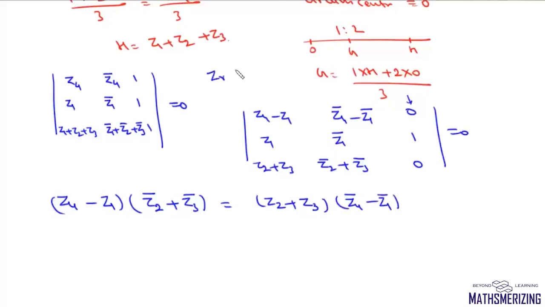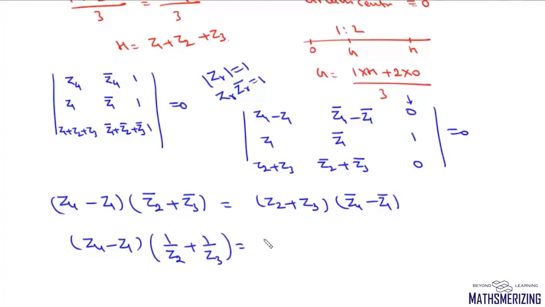Now each of these Zr lies on the unit circle, so that means mod of Zr equals 1. If we square it, then Zr into Zr bar is equal to 1, so we can write Zr bar as 1 upon Zr. So we can write this as Z4 minus Z1 into (1 upon Z2 plus 1 upon Z3), and it is equal to Z2 plus Z3 into (1 upon Z4 minus 1 upon Z1).